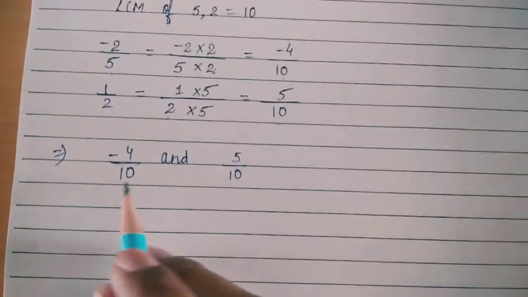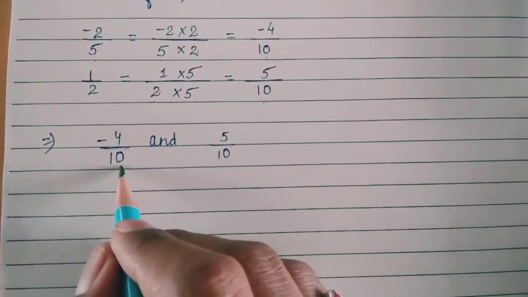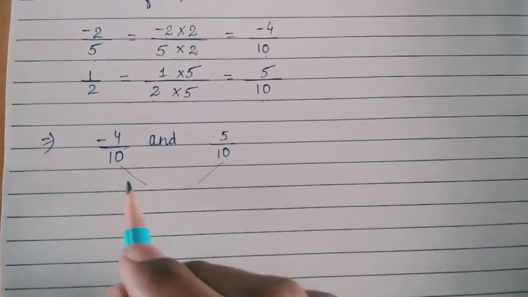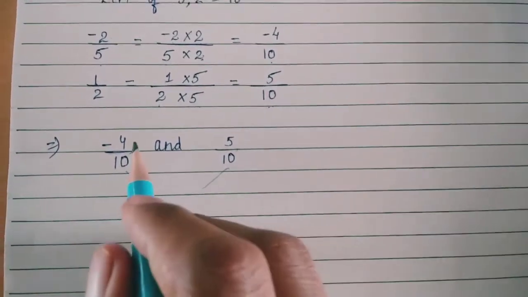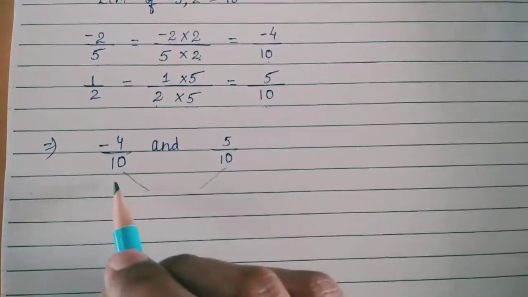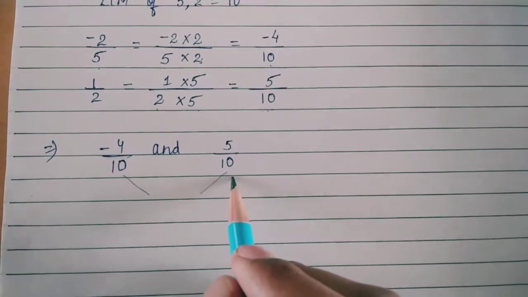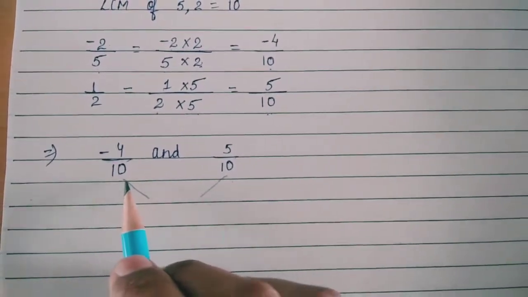Now we can write any 10 numbers. Let's see which will be the 10 numbers. This will be the starting point and this will be the ending point, but they are not included, because we have to write the numbers in between.